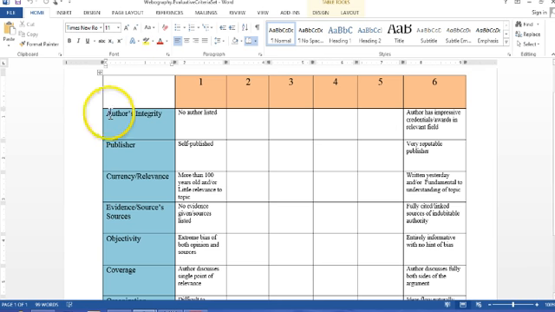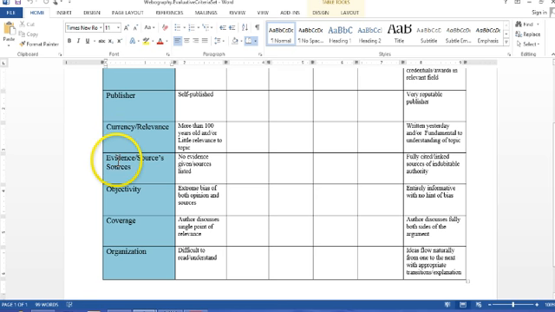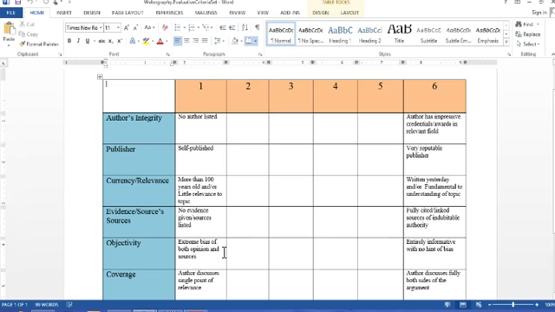So that includes the author's integrity or credibility, the publisher, the currency or relevance, the evidence and/or the sources, so who are they quoting, the objectivity, we talked about this in class today, do they have a lot of bias, are there advertisements that are skewing their opinion, the coverage, is it just a single point or are they discussing all sides of the argument and bringing those up, and the organization, so how easy is it to understand, is there a natural flow.